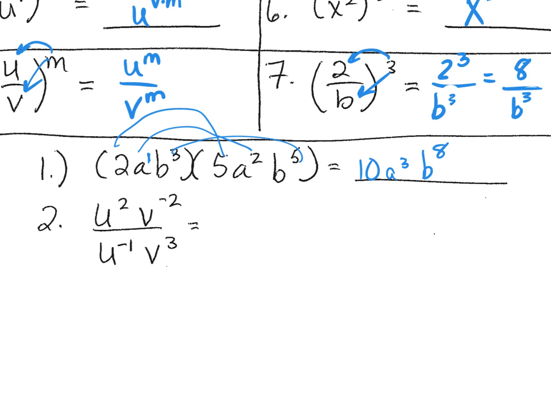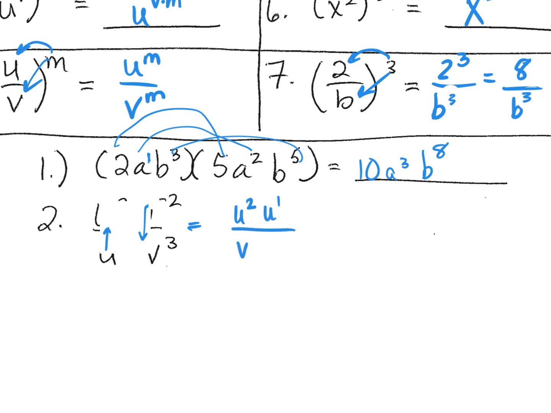Now, that's easy enough. Look at number 2 here, though. It's got some negative exponents. Let me give you a hint. You got to take care of those negative exponents first. Move them and then see what you've got, okay? So v to the 2nd is going to have to go where? Down, right? And u to the negative 1 is going to go up. So u squared is going to stay put, and u to the negative 1 comes up and becomes u.